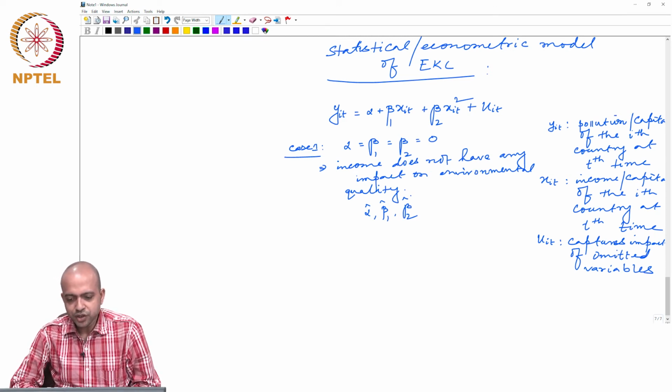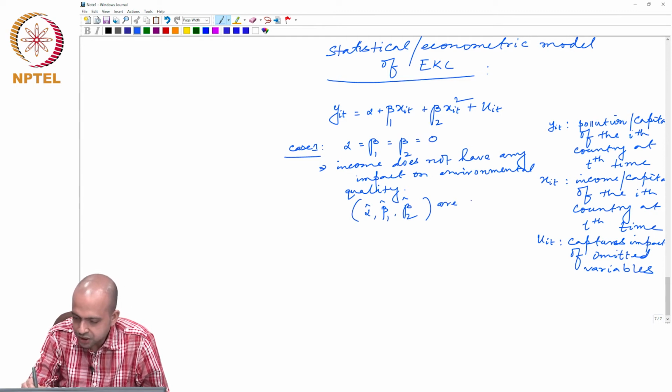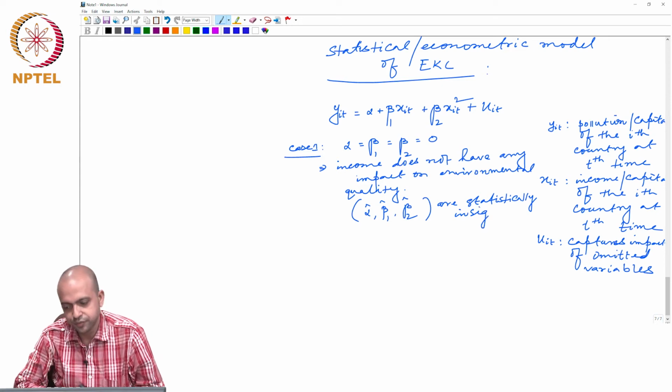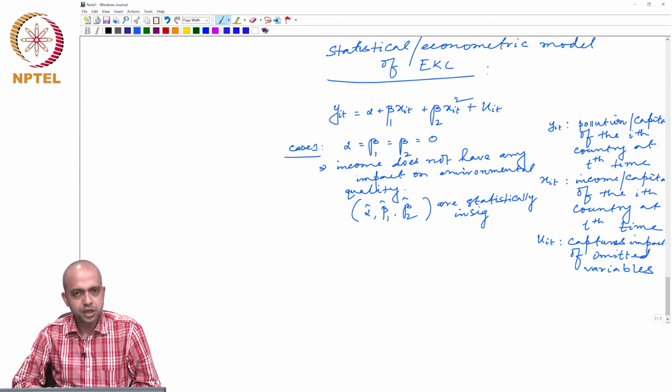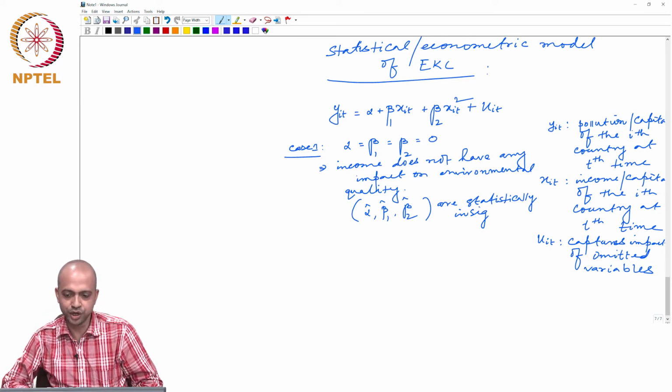So, it might so happen that they are actually statistically insignificant. That means, in that case, our inference would be that income does not have any significant impact on the environmental quality or emission.